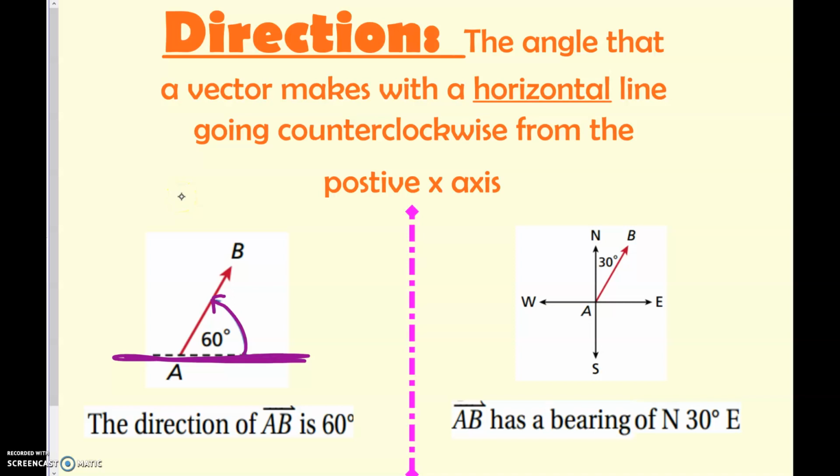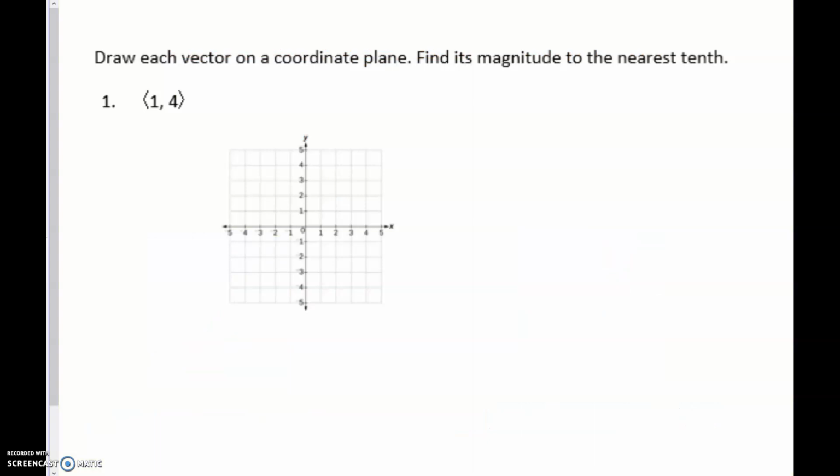Sometimes they give you this in nautical form, saying north bearing east 30 degrees, so that would be your 30, and then this is still your 60 from your horizontal. So when they say direction, they're talking about that angle. When they say magnitude, they're talking about length. All right, so draw each vector. This is now your homework, so this is what you should be doing on a sheet of paper.